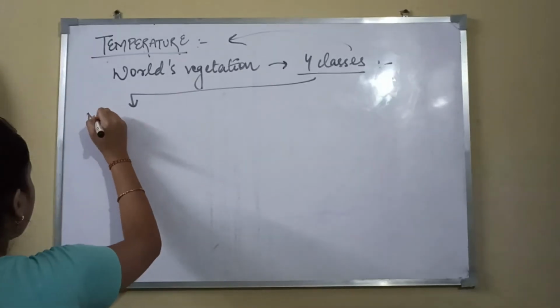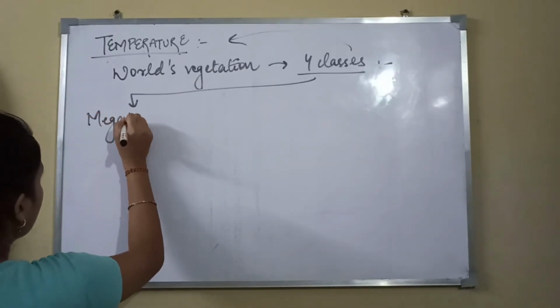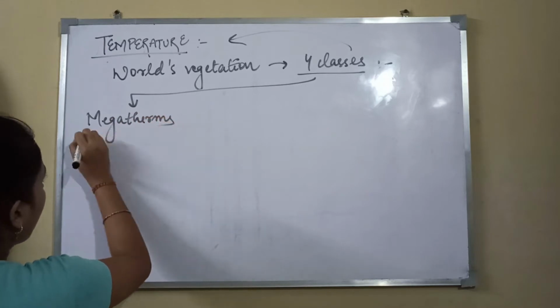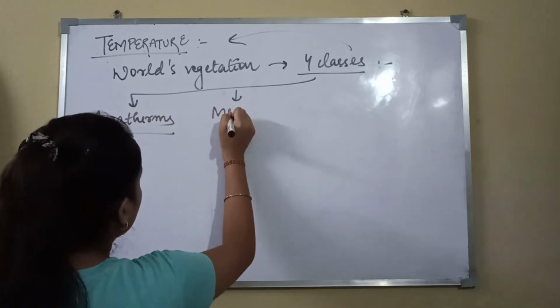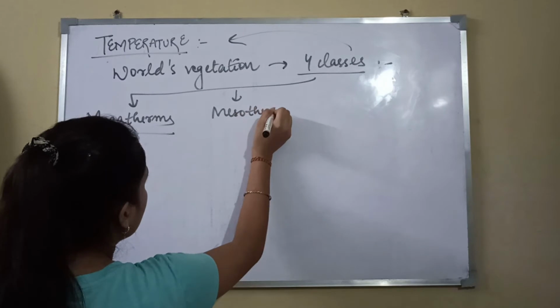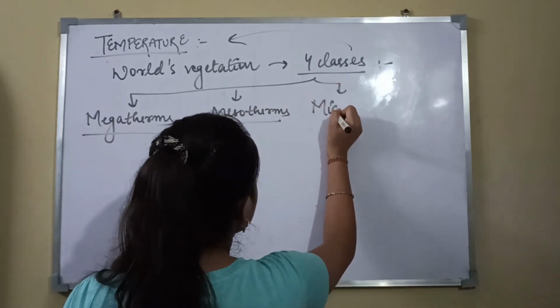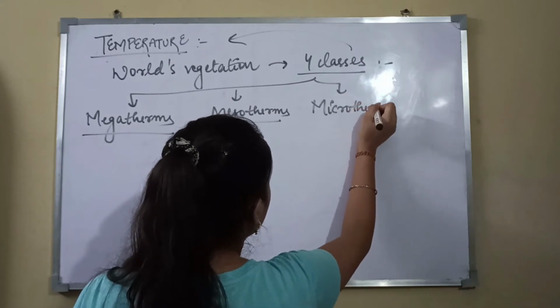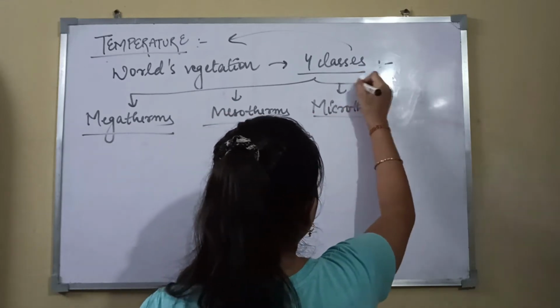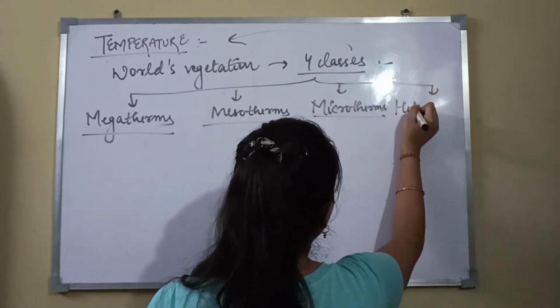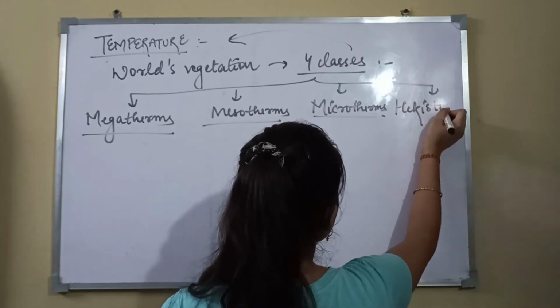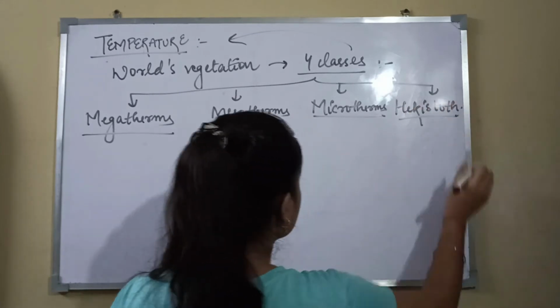सबसे पहली क्लास है megatherms. Another one is mesotherms. Then you have microtherms. And the last one you have hekistotherms. ठीक है?